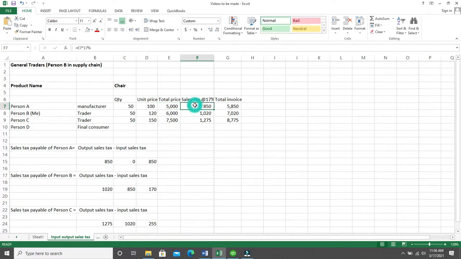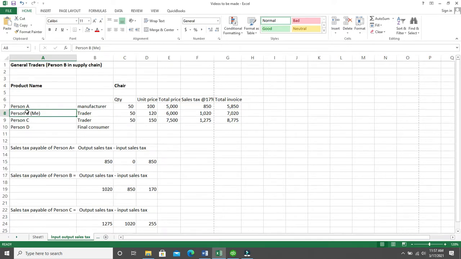He shall charge sales tax at the rate of 17%, which is the general sales tax rate applicable in Pakistan, which comes to 850, and his total sales tax invoice will be 5850, that is the amount of sales plus sales tax.